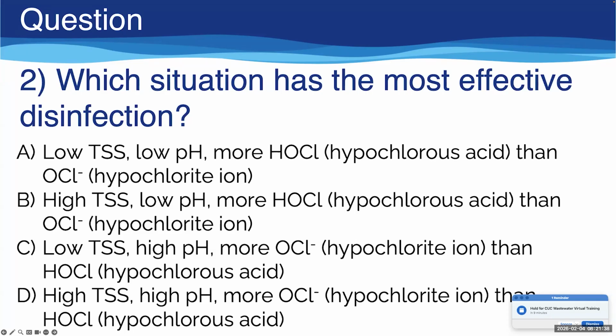Remember what we talked about. The idea is less stuff in the water, more of one kind of ion than the other. And think about where the pH scale showed up, or where the HOCl showed up on that pH scale.